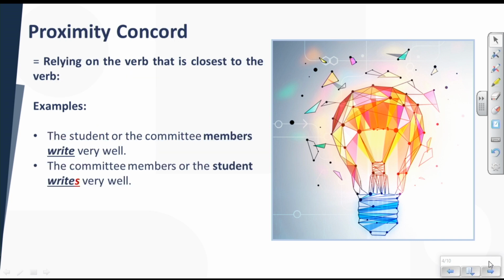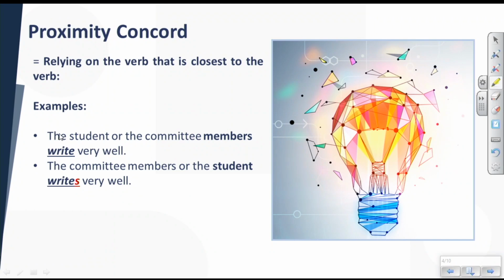Then, in terms of proximity, I'll have to pay attention to whether a singular or a plural noun is closer to the verb phrase. And this will determine whether the verb phrase will be in the singular or the plural form. For example, I may have the same subject in these examples, the student or the committee members, but depending on the specific sequence, I'll have to use the verb phrase either in the plural form or in the singular form.